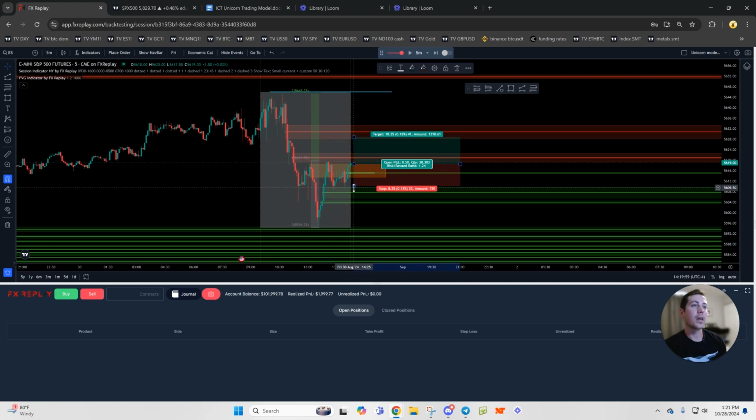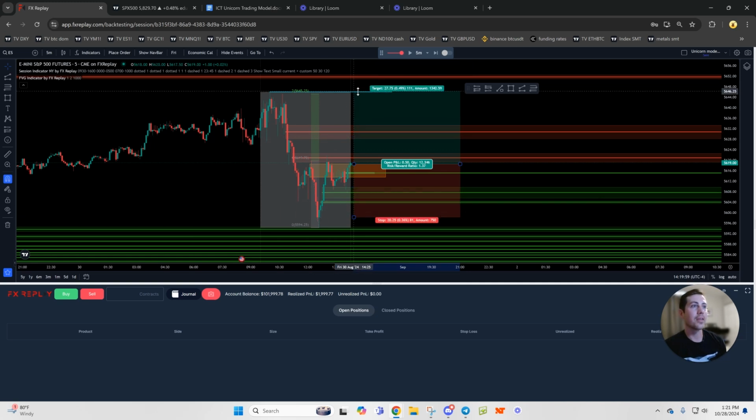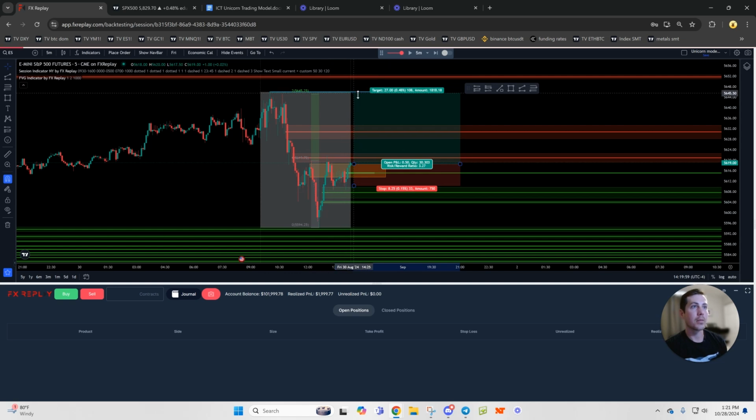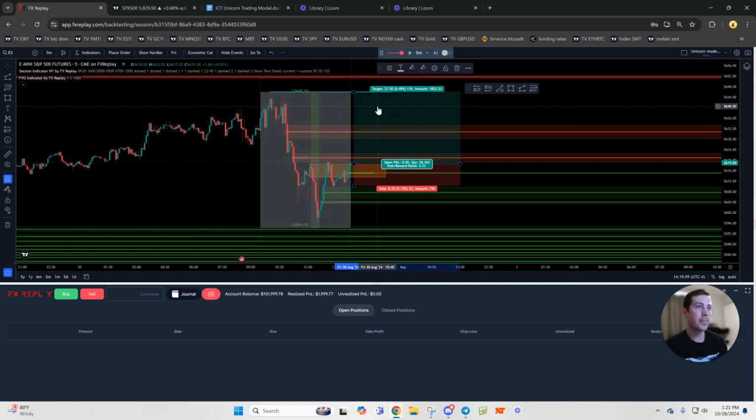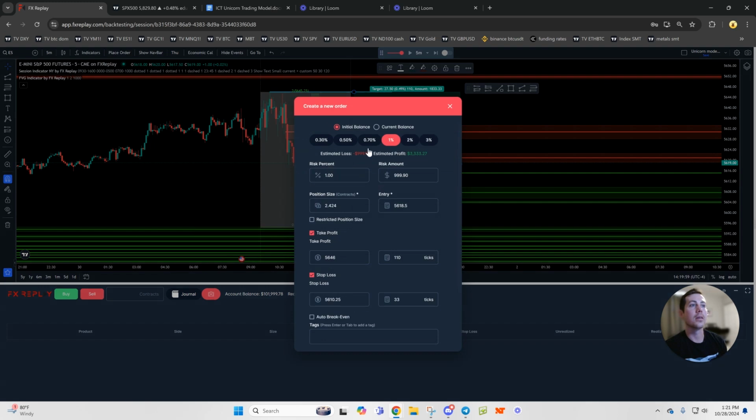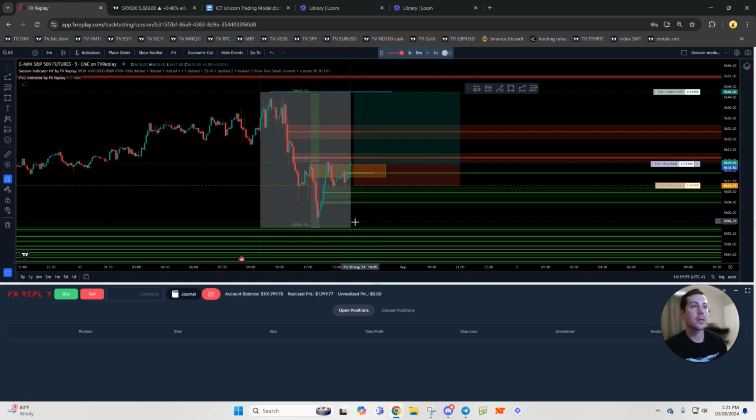The reason is if we use this low, it'd be like a 1.4R, not really worth going for. So I'm going to tighten this up to the body of these lows and give us a little better risk to reward. And so we're going to enter at the retest. We got 1%, buy limit.